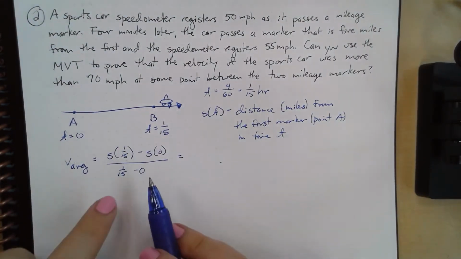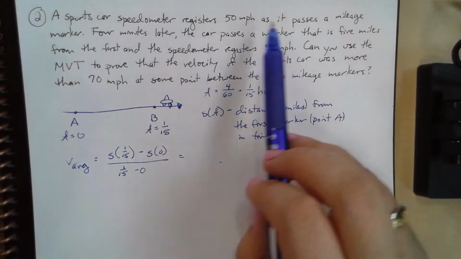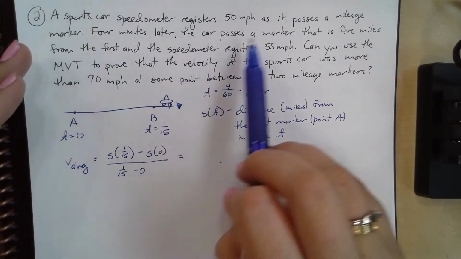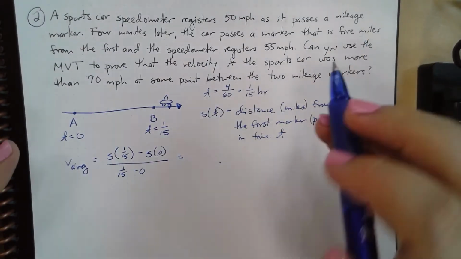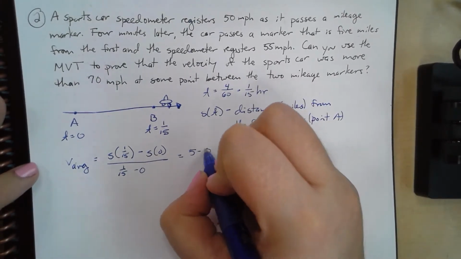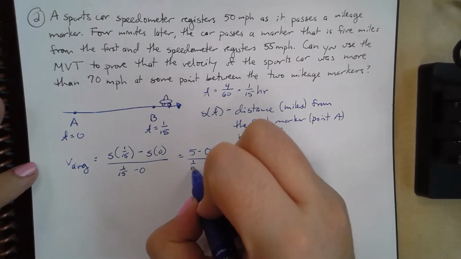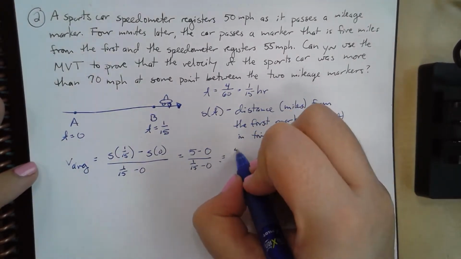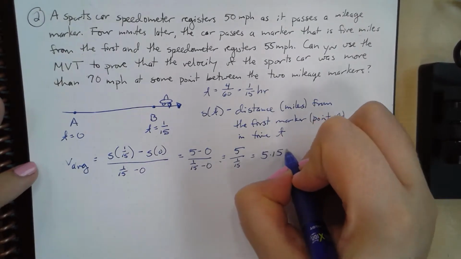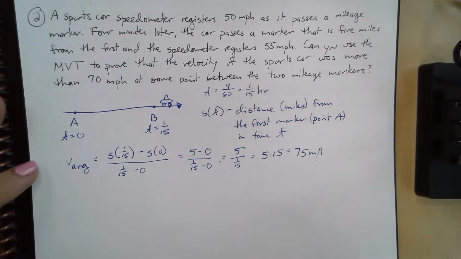At s of 1/15, we don't have a function here, but we were actually given that: 4 minutes later, 5 miles from the first. So that's going to be equal to 5 minus 0, since when we started we were at 0, over 1/15 minus 0. That equals 5 over 1/15, which equals 5 times 15, which equals 75 miles per hour.